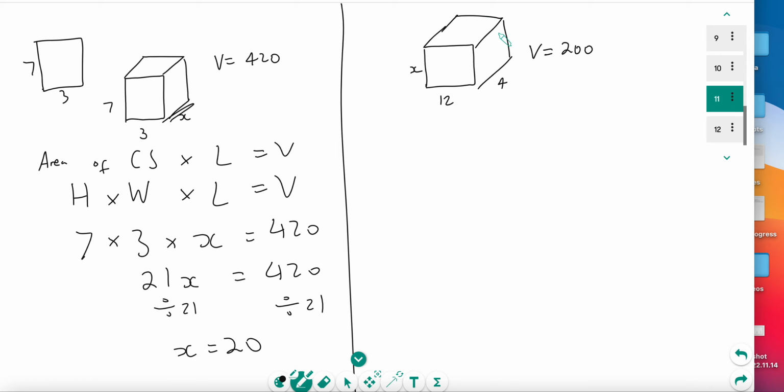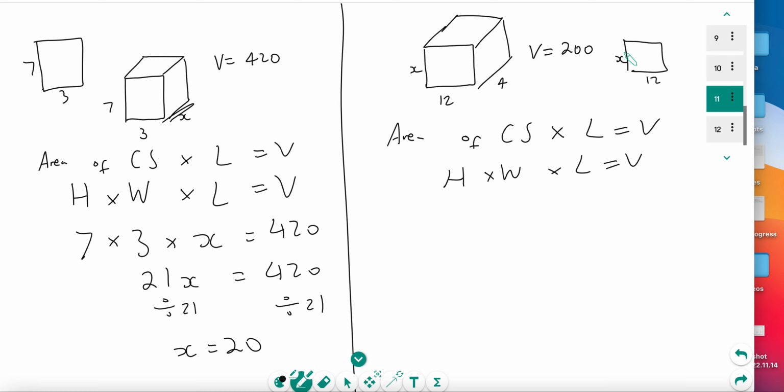Next one, we have a cuboid, which is a prism. We know its volume, so area of cross-section. So just writing out the volume of a prism formula. The cross-section is a rectangle, so it's height times width, times length equals the volume. The height is x. The width is 12.